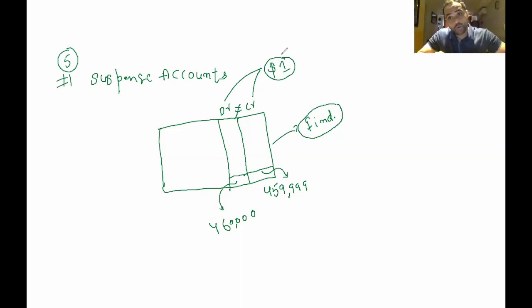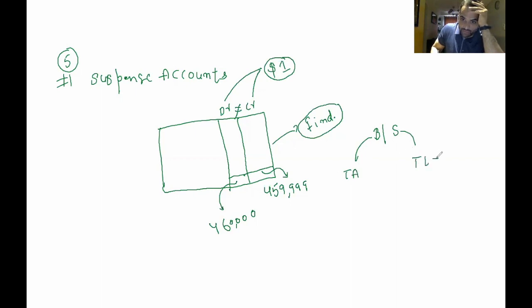So now the question is, when we prepare our balance sheet, okay? In the balance sheet, you have total assets and you have total liability plus equity, right?